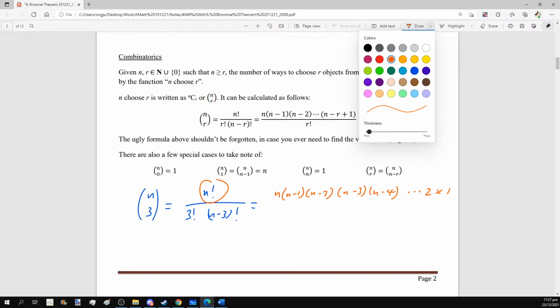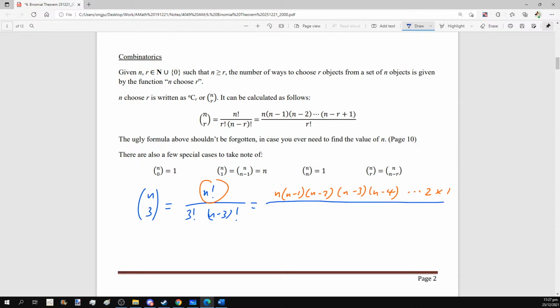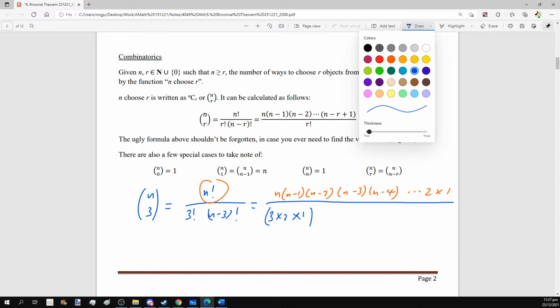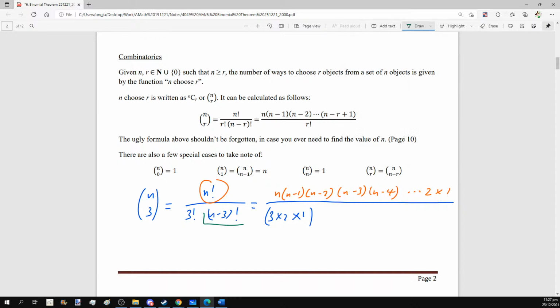Agree? Whereas for the denominator, this will be more interesting. 3 factorial is obviously just 3 times 2 times 1. How about n minus 3 factorial? So n minus 3 factorial here will actually give you n minus 3. Afterwards, one step back, one step back, until 2, until 1.